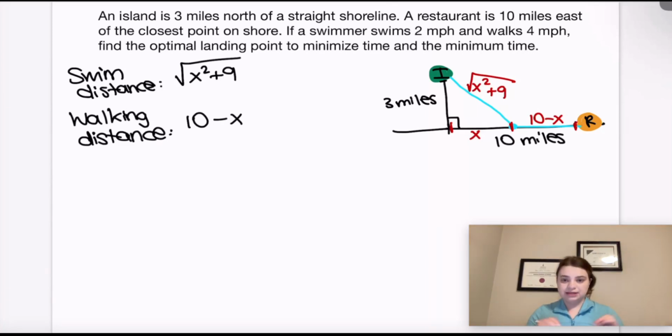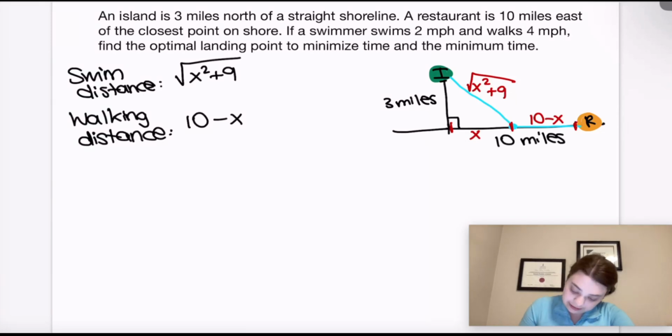So what would the total time be? Because ultimately we want to find the x value here, right? We want to find the optimal landing point that will minimize the time. We need to know how far from the restaurant we should land in order to minimize the time. And then we also need to know what that minimum time is.